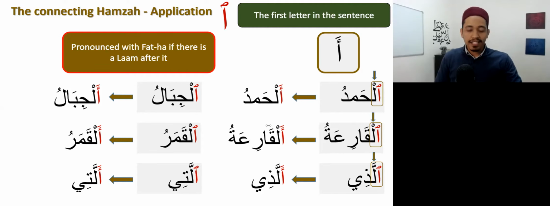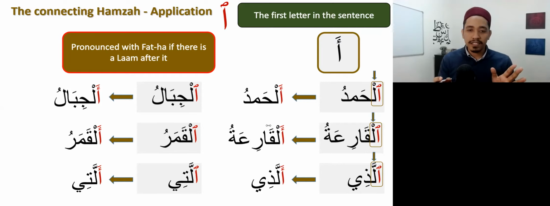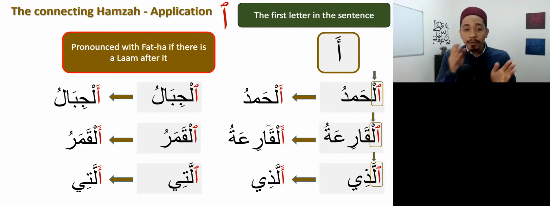All right? Now, I told you, if it's in the beginning of the sentence, there are three possibilities: a, i, or u. When is it a? When there is a lam after the connecting Hamza. Now, this situation is the 4%. So 95% in the middle of the sentence, skip. Okay, 4% in the beginning of the sentence, it has a fatha.